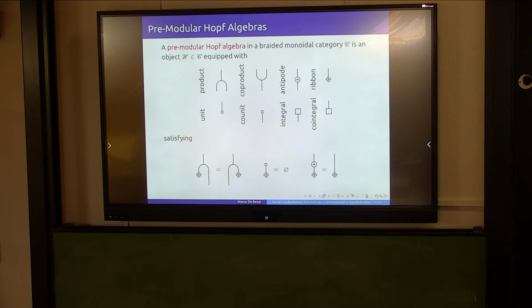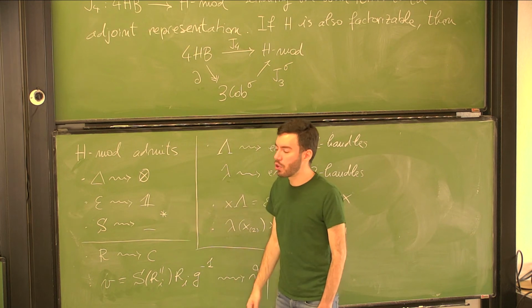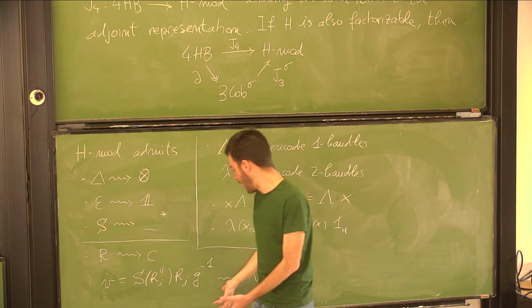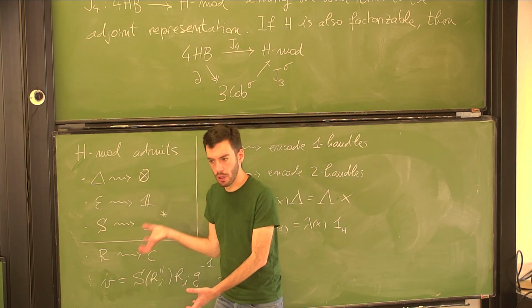So the ribbon element, as I explained before, is cooked up from the R matrix and the pivotal element. So it's kind of a feature of this more general definition that we don't axiomatize the R matrix and the pivotal element themselves. We axiomatize just the ribbon element.